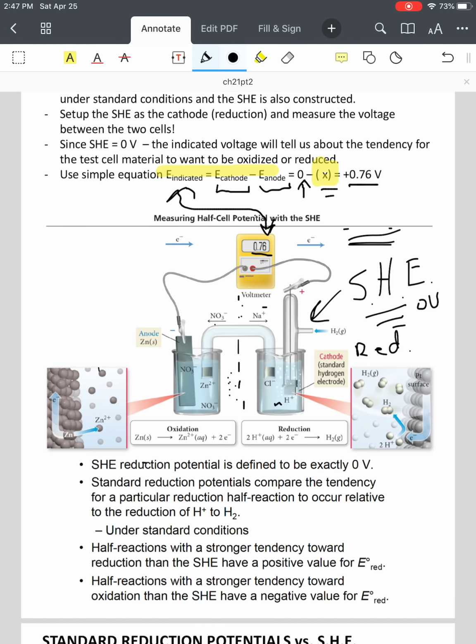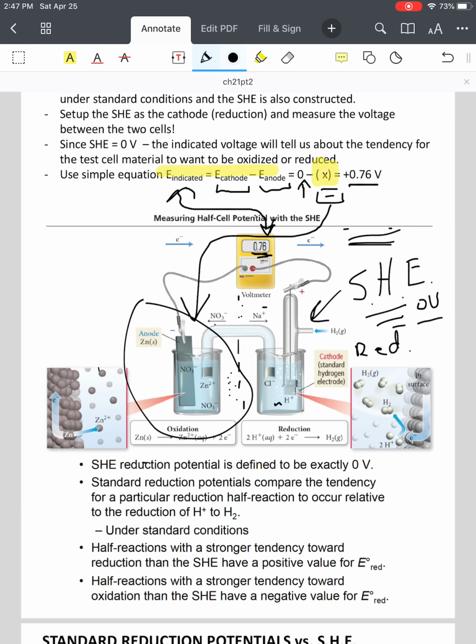That's this X right here. That X has to do with the reduction potential for my test cell, whatever I put down here. So because I can make the measurement, and because I assigned 0 to the SHE, I'm in business.